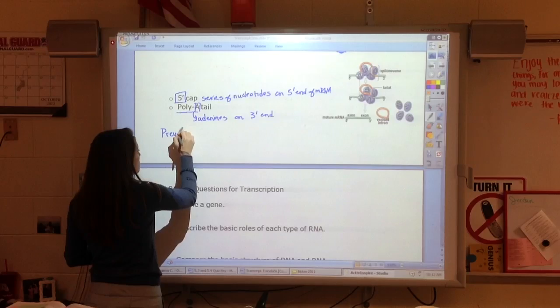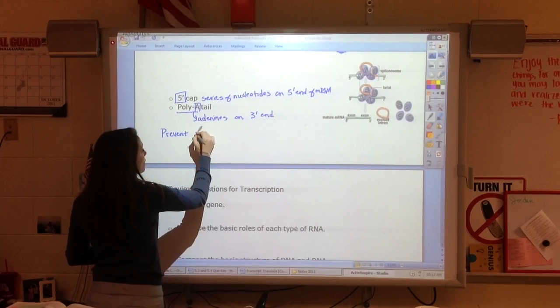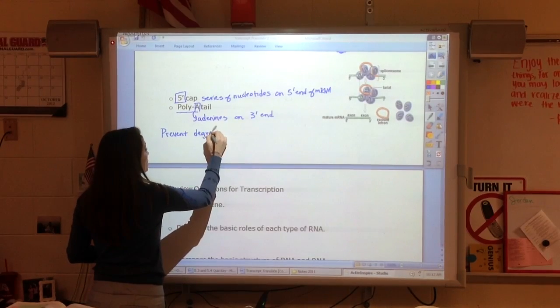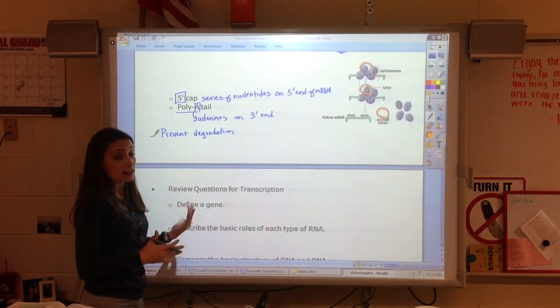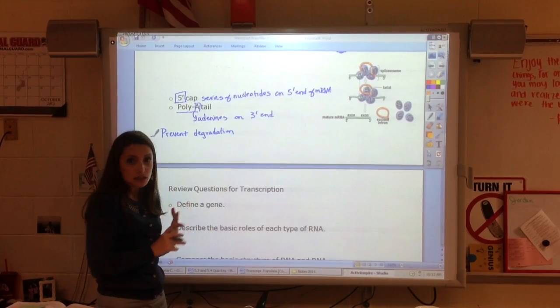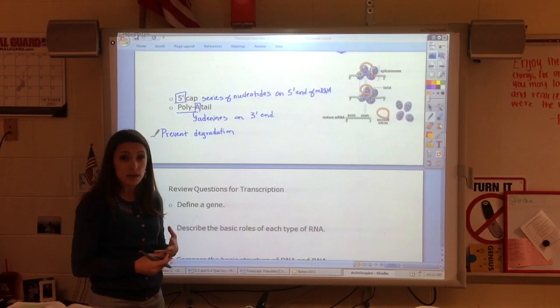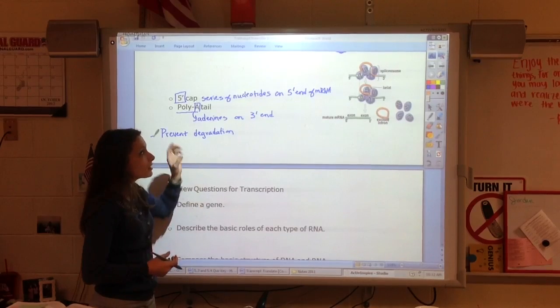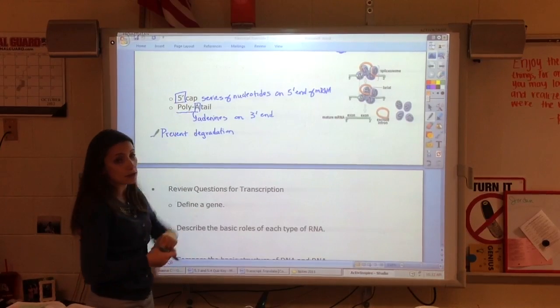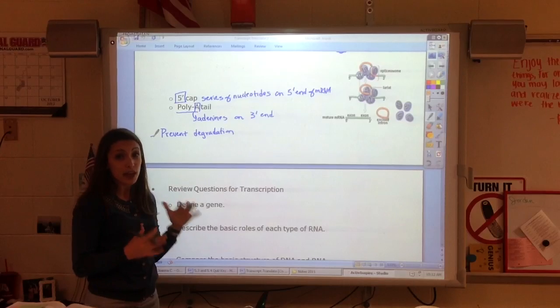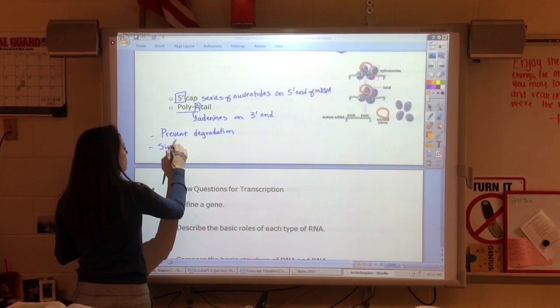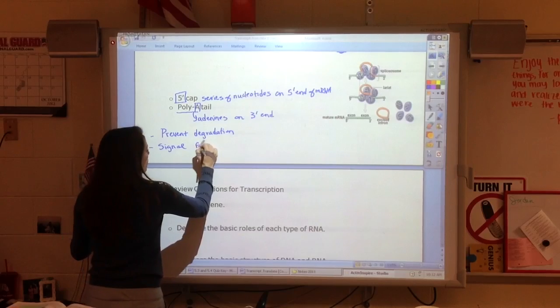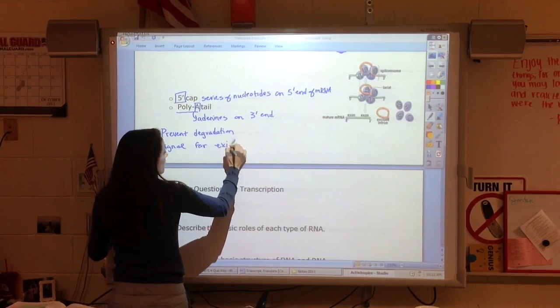So keep in mind, as soon as we leave the nucleus, we're going to be in the cytoplasm. There are lots of enzymes, there are lysosomes, there are lots of things that could damage the mRNA. So putting this cap and tail onto it is going to help protect it as well. It also helps signal for exiting the nucleus.